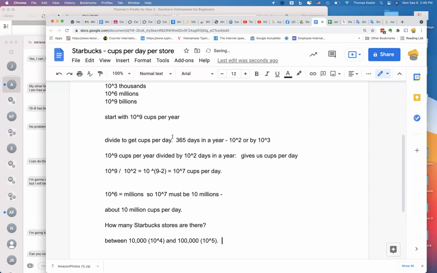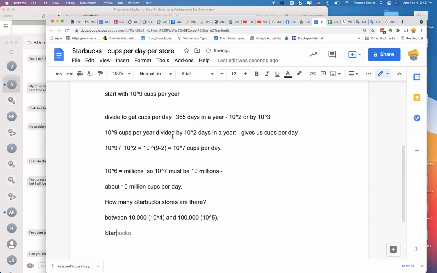So now we're going to divide the cups per day. Strategy: divide total cups per day in the world by the number of stores of Starbucks in the world. And what will that give us? That gives us cups per day on average, per Starbucks store. So once again, it's division, right?